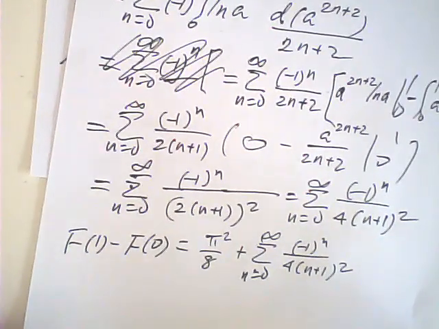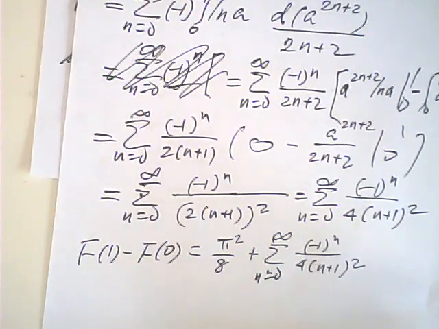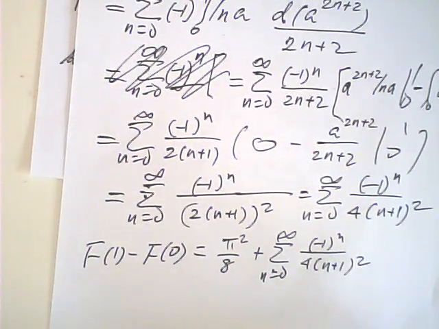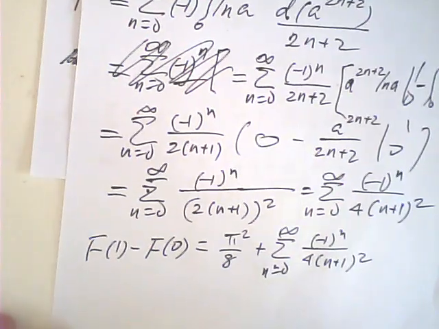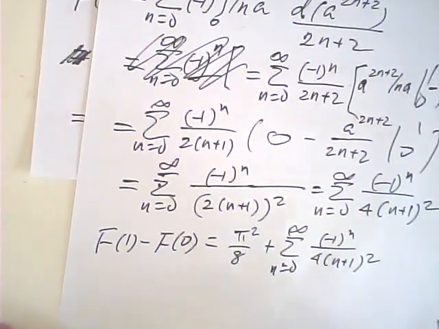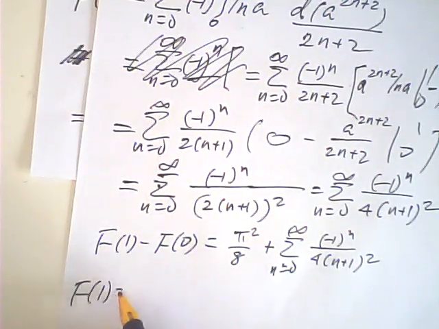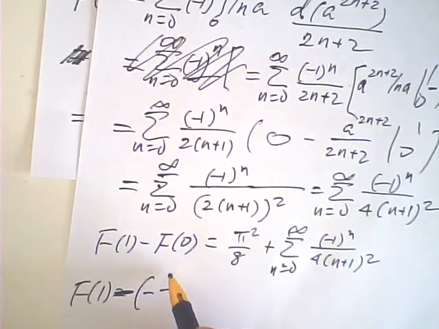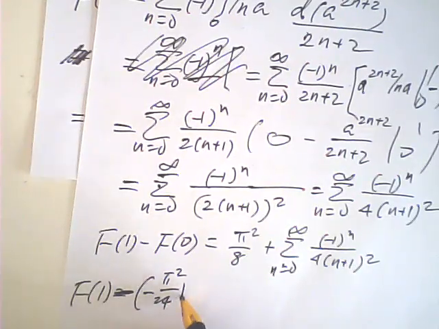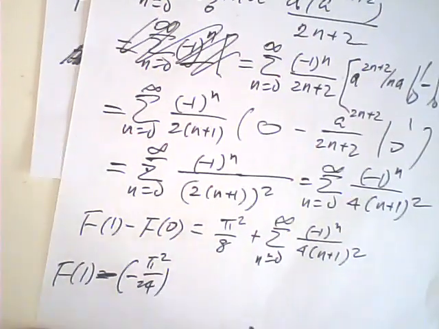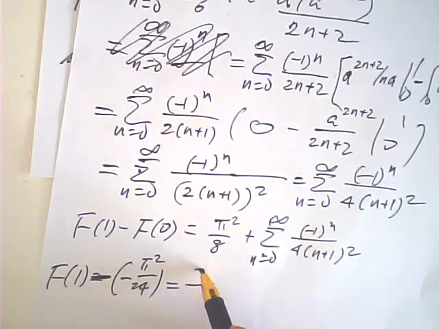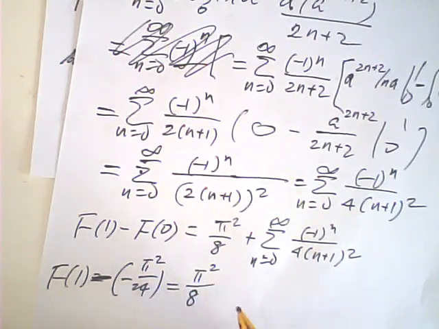Okay, good. Now f of 0, this one we have done already, is equal to negative pi squared over 24, right? We have done before. Now this is equal to pi squared over 8.